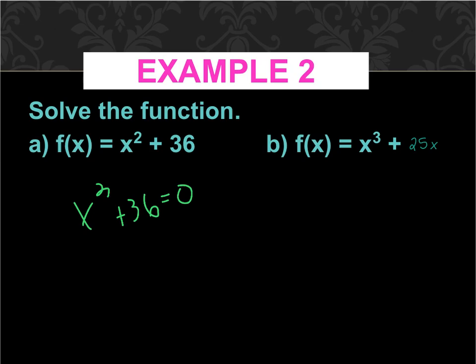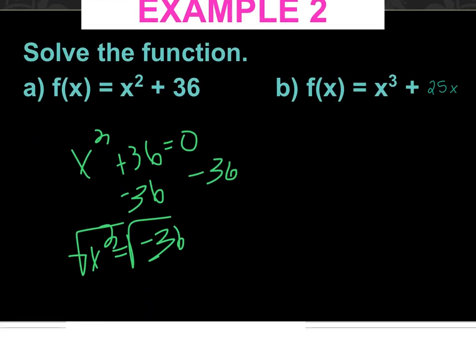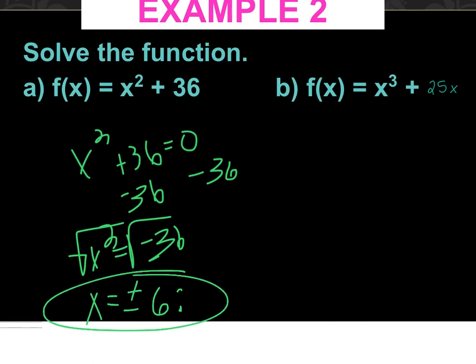How do I solve this? Minus 36 from both sides. So you have x squared equals negative 36. Take the square root. So x equals plus or minus what? 6i. I have two solutions there, yes? Positive 6i, negative 6i. Are they real or imaginary? Imaginary. Good.